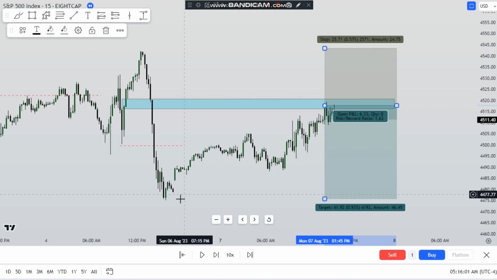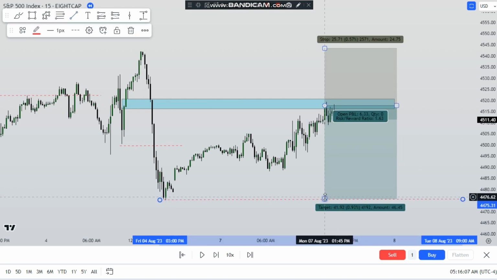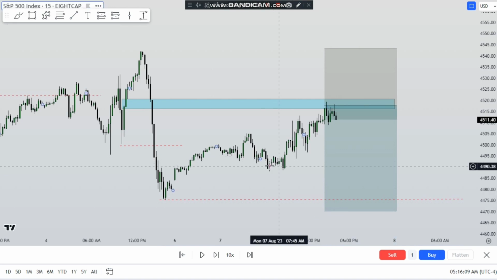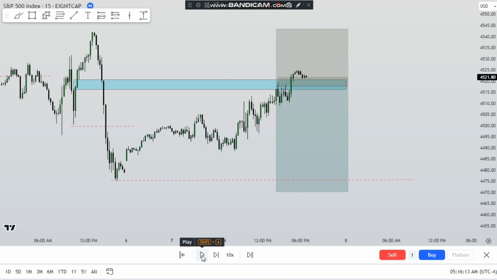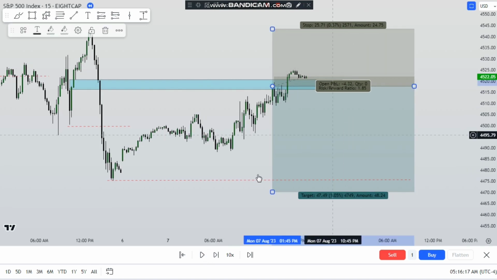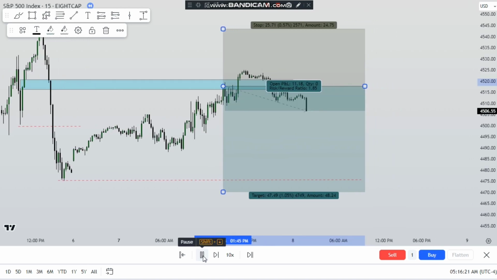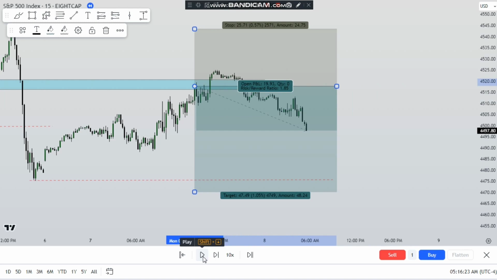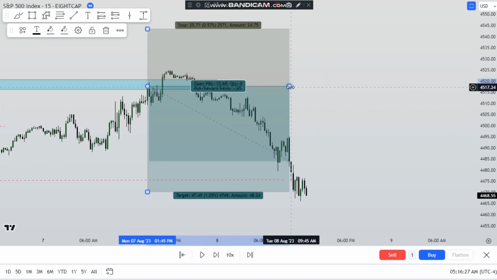You can target this sell side liquidity. So let's see if we get this move from here. Now you can see that our entries got filled and the price has started going down, and it went to our target.